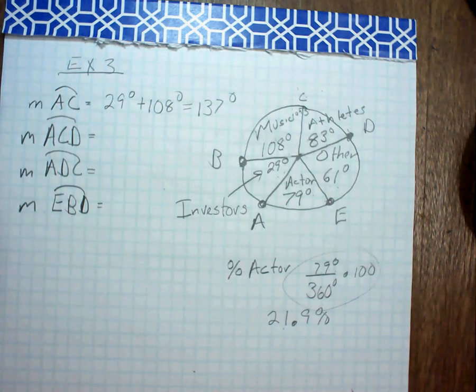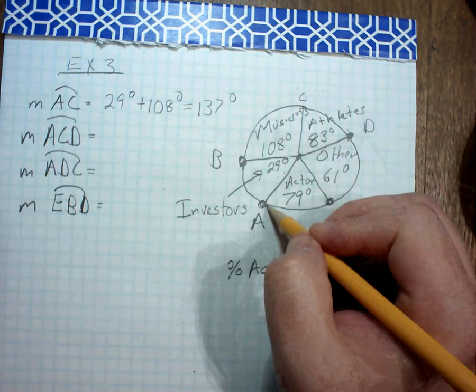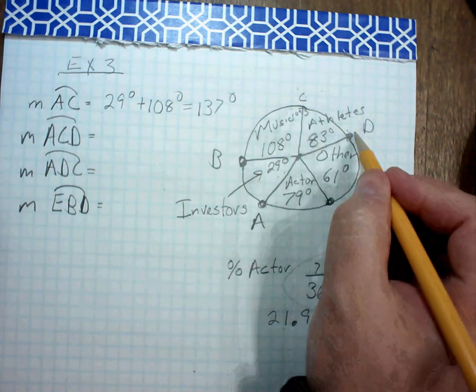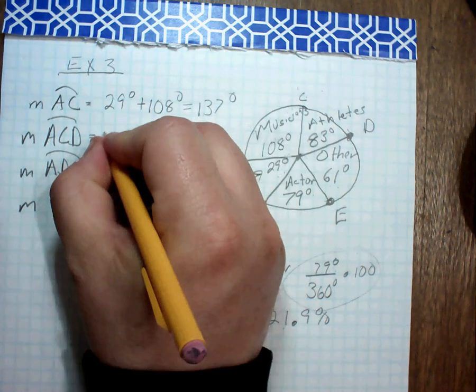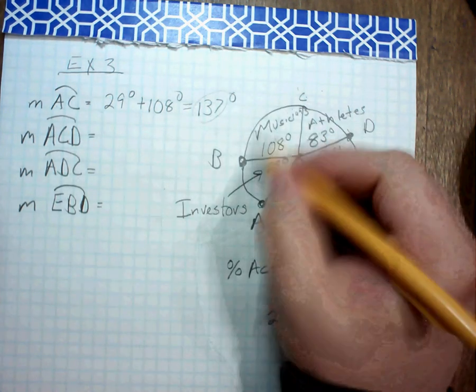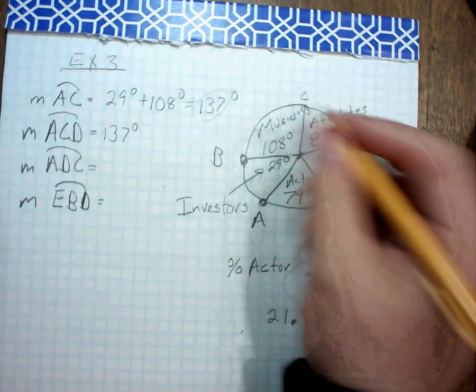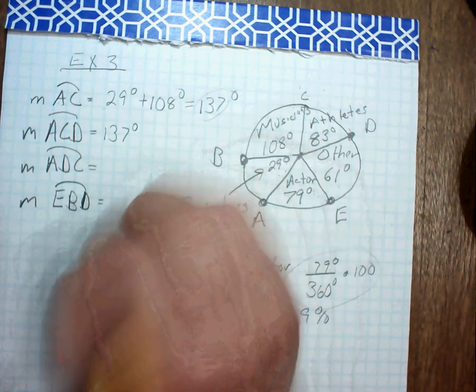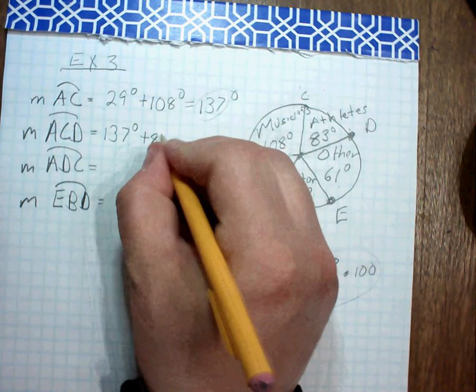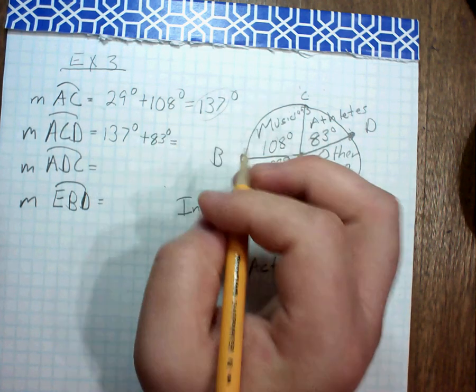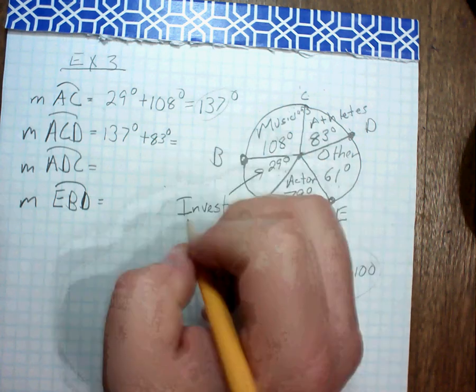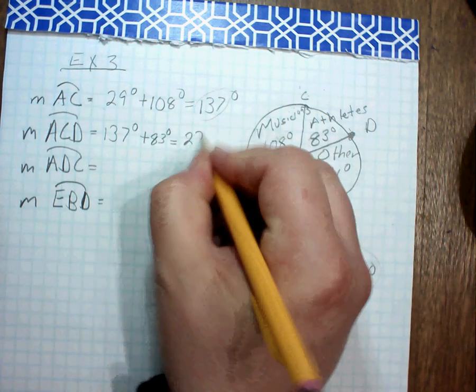ACD is going to go from A to C to D. So that's just going to be the 137, right? So from A to C is 137. From here to here is 137. And then we're going to tack on the 83. And if you add that up, I think that's 220. Okay.